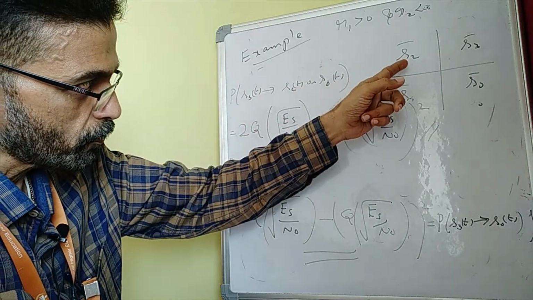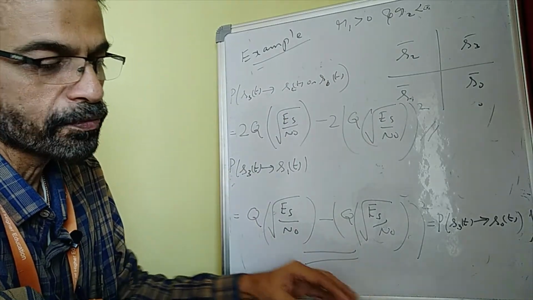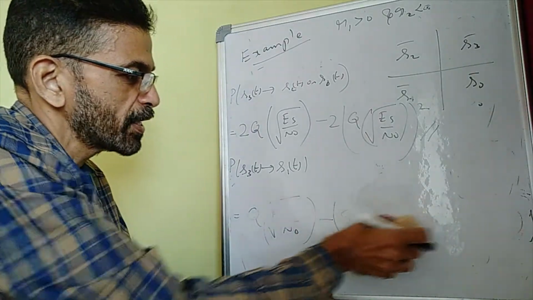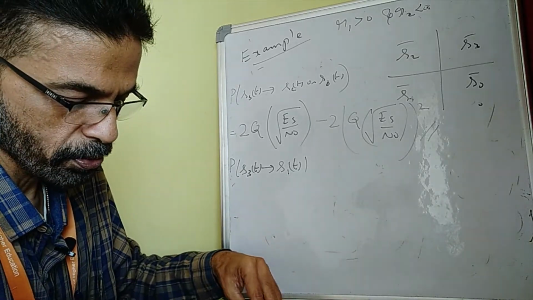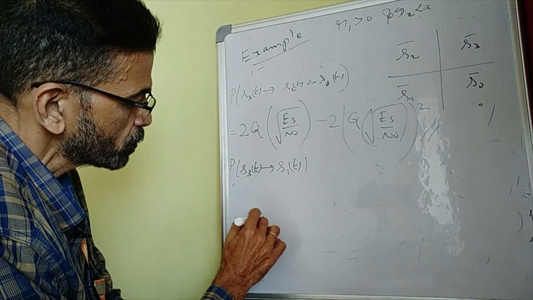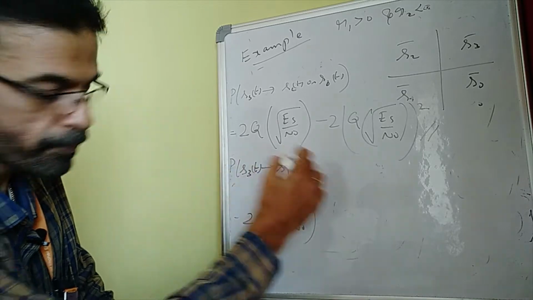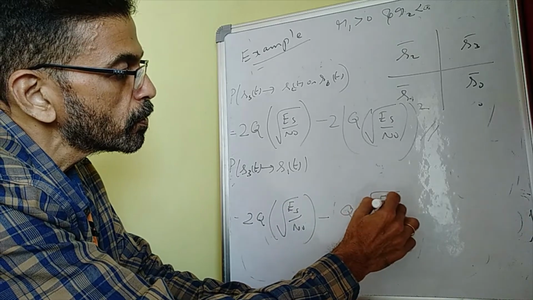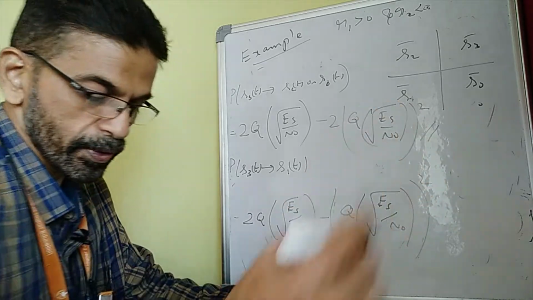If you know the probability of error, we have already calculated it. I will quickly write it here; before we started discussing this example, we had derived the expression for the probability of error. The probability of error in QPSK is 2q root Es by N0 minus q root Es by N0 whole square.